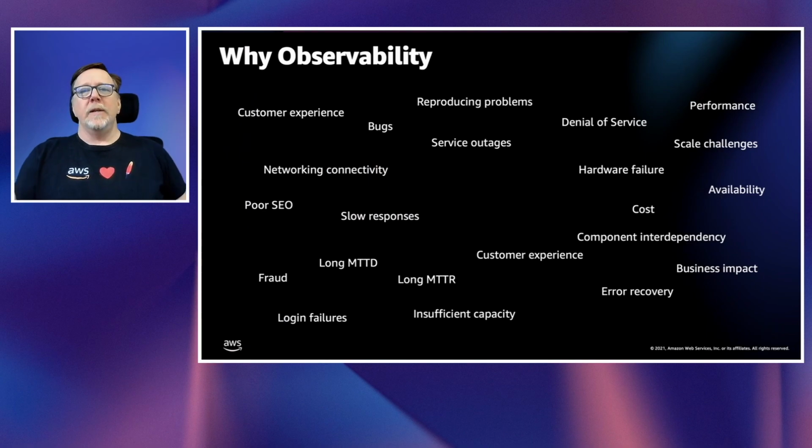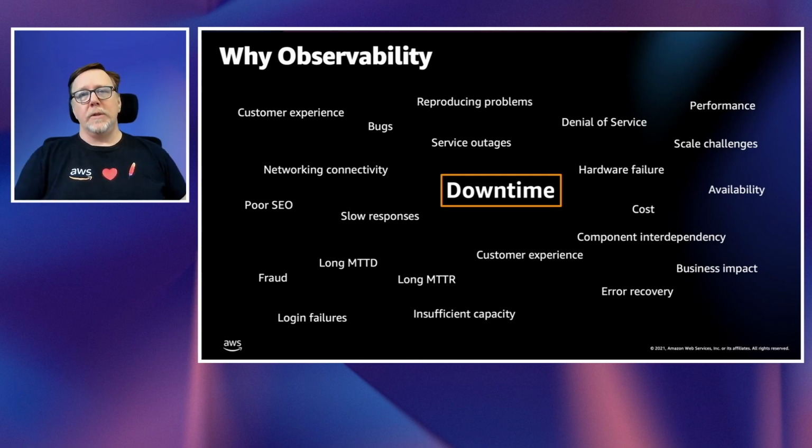So why do we really need observability? Well, anytime we're building some kind of software solution, there are various problems that you're going to have. There's denial of service, service outages, cost overruns, component dependencies, networking connectivity, all kinds of challenges that you're going to face. Ultimately, those are going to lead to downtime for your application, for your end users, for your customers, and really, there's a cost to that to your business.